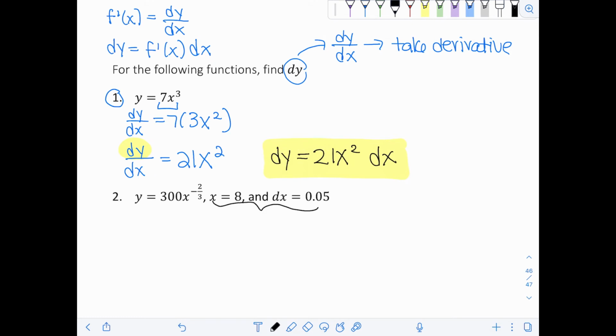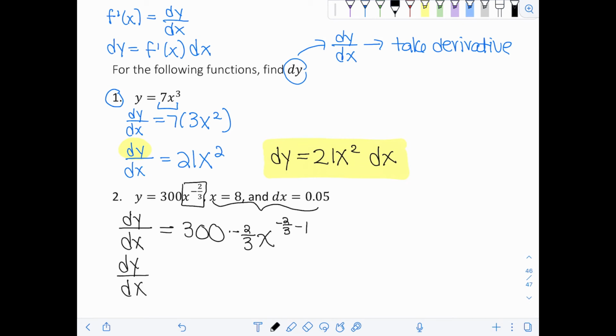The only difference for number 2 is that we're given some values to plug in so we can actually find the specific value for dy. So first let's go ahead and take the derivative. So dy dx is equal to 300, and then we can use the power rule to take the derivative of this x part. So it's going to be negative 2/3 x to the negative 2/3 minus 1 in the exponent.